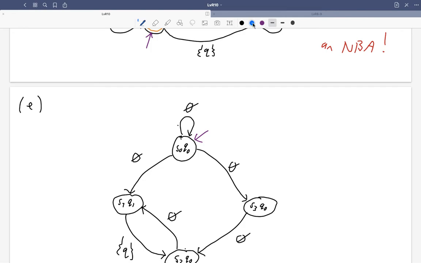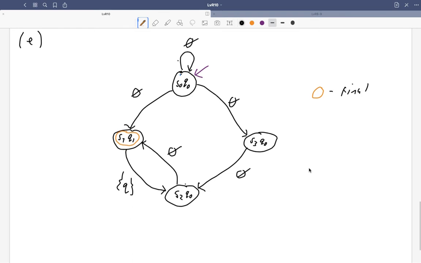So this is final. Right, so that's the first product automaton.